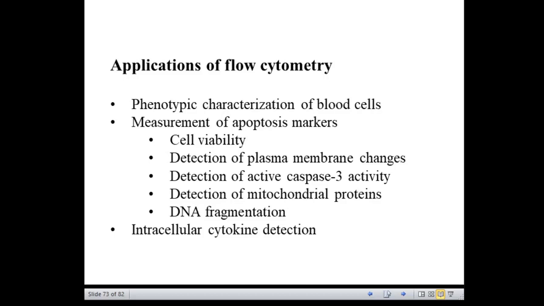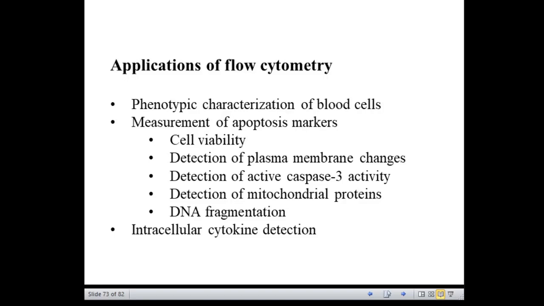Viability analysis provides information about the live or viable cells, and it differentiates between the dead cells or the non-viable cells. So that is the viability analysis or assay. That means it provides information about how many cells are viable and how many cells are non-viable.